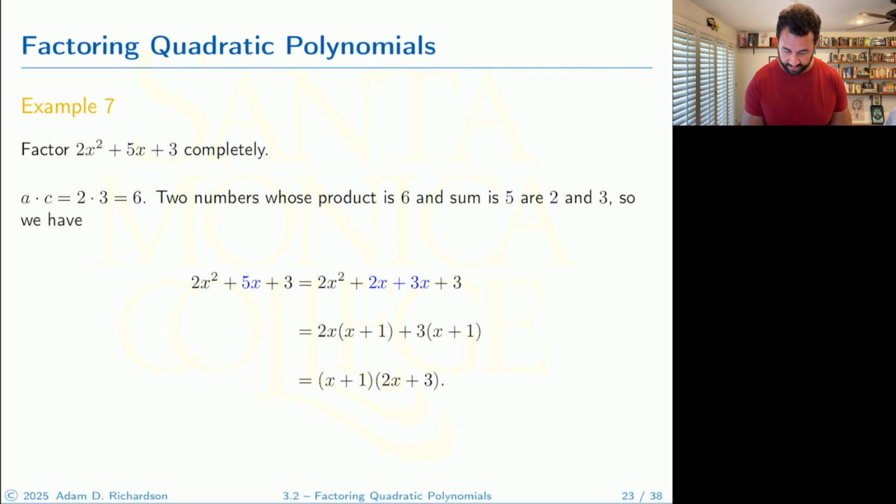So here we go. We're going to take these two terms and factor as much as we can out of them. There's a common factor of 2, and there's a common factor of x. So we're going to factor 2x out of both, and then we're left with x plus 1.